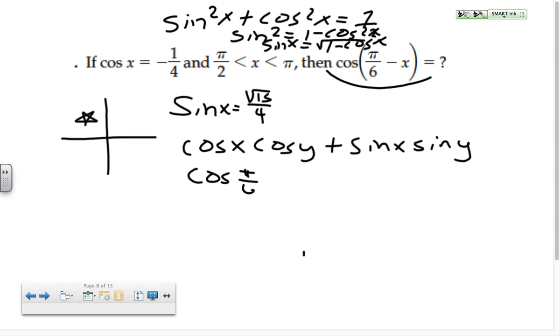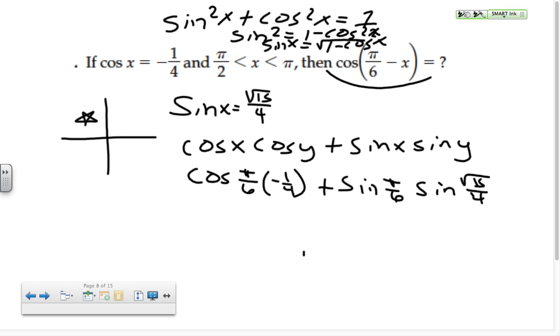Getting confused on my x's here. Cosine of y, which is x, so that's negative 1/4, plus sine of pi over 6 times sine of x, which we figured out to be square root of 15 over 4.